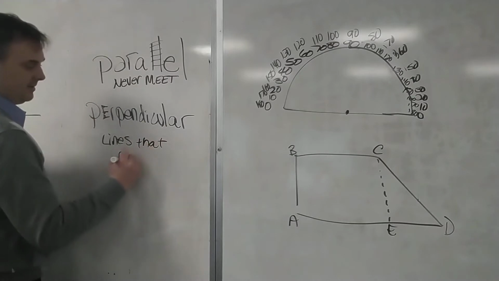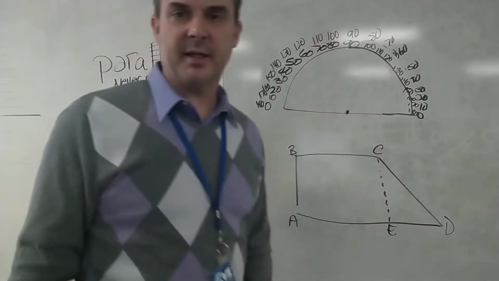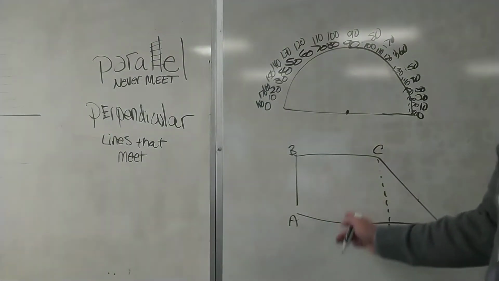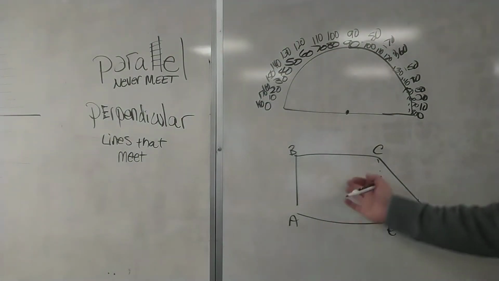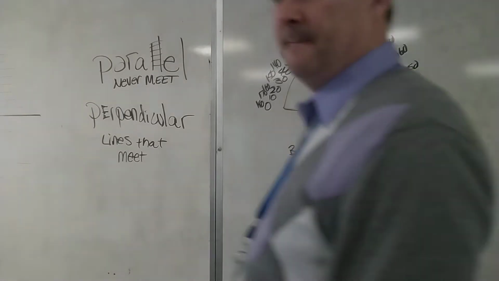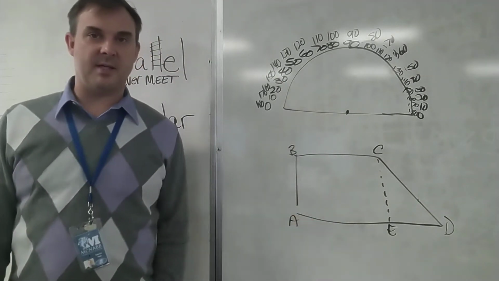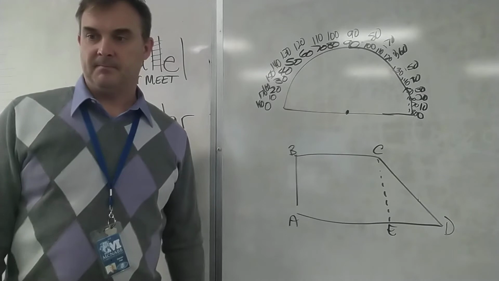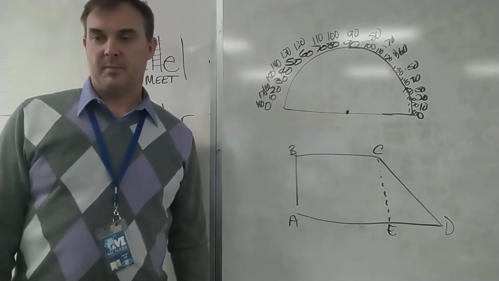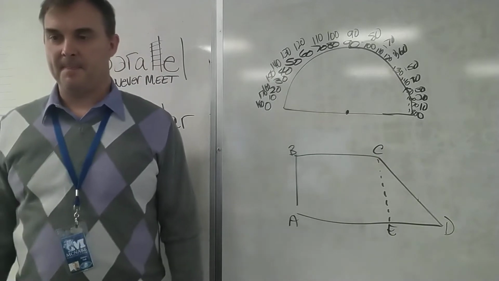Okay? If we look at the figure over here, do I have a set of parallel lines or line segments here? On this shape right here, do I have a set of parallel lines? Thumbs up if you think you see a set of parallel lines.